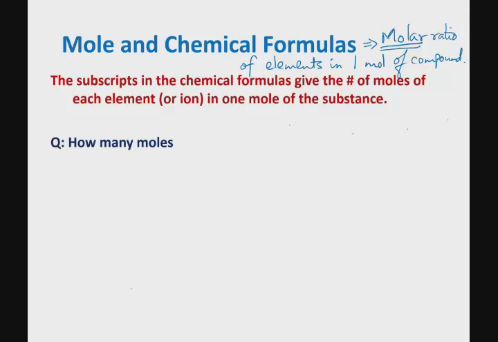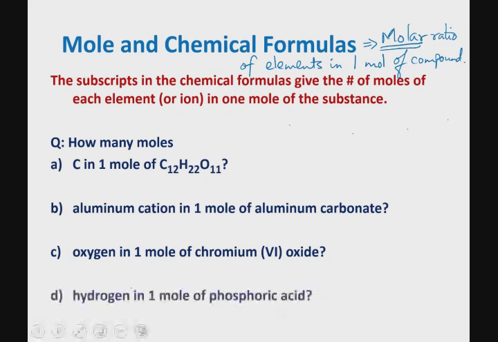So for example, let's answer these questions very quickly. Can you tell me how many moles of carbon are there in 1 mole of C12H22O11? Exactly, 12 moles of carbon because of the subscript 12. How about how many moles of aluminum cation, and please note that word, in 1 mole of aluminum carbonate? What do you need in order to answer this question? You need the correct chemical formula.